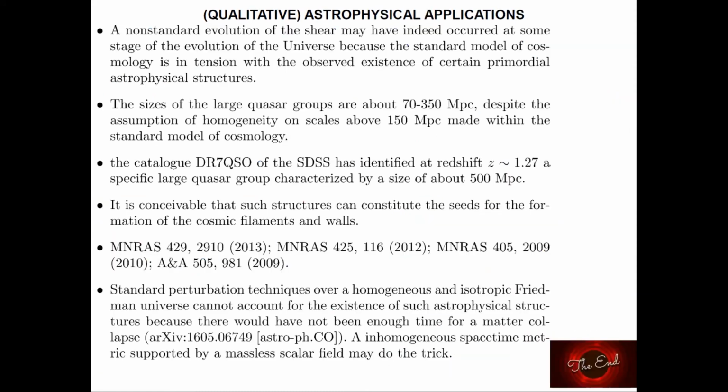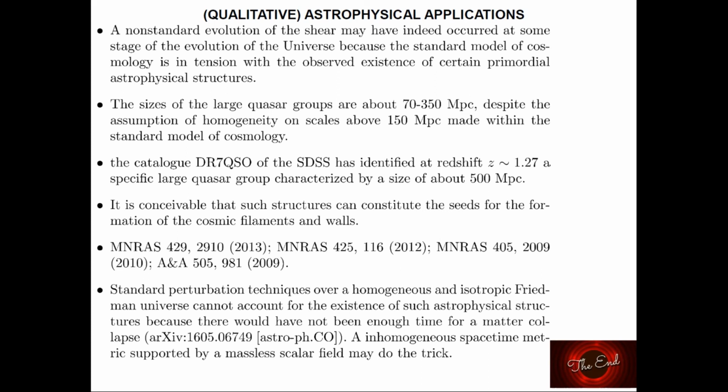So let me conclude by discussing some intuitive astrophysical applications of our research. So usually the structure formation problem in the standard model of cosmology is tackled by studying perturbation techniques over homogeneous and isotropic Riemann manifolds.